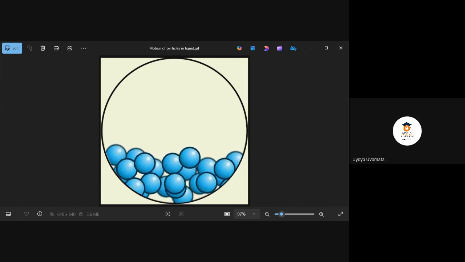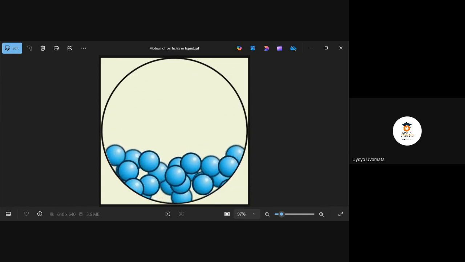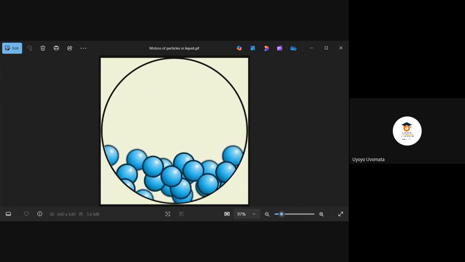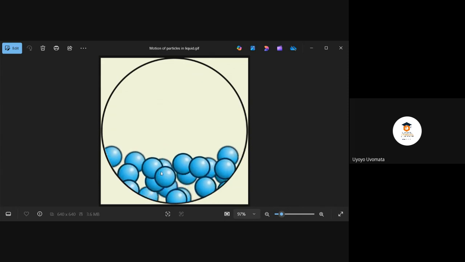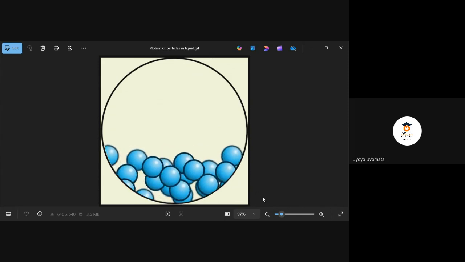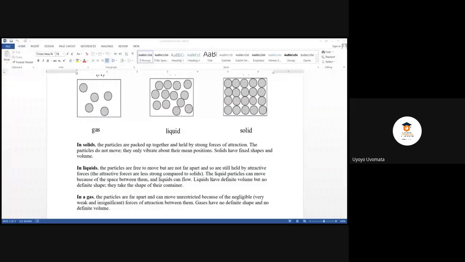And let's consider the final state of matter, the gaseous state of matter, talking about gases. Now, what do we need to know about gases? It's important we consider this. The first thing is that for gases, the particles are far apart. They can move very far.